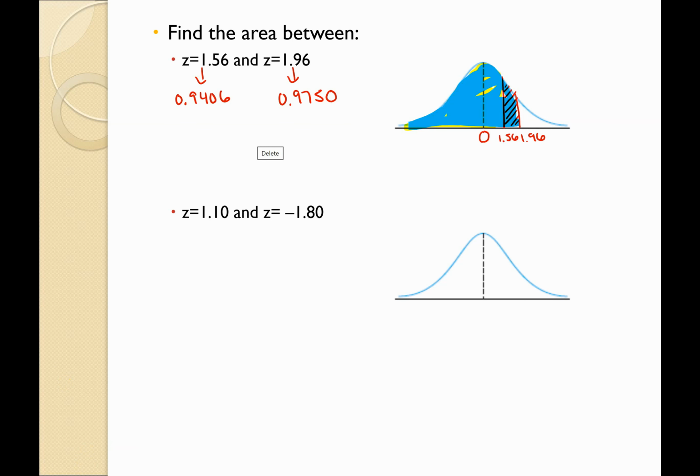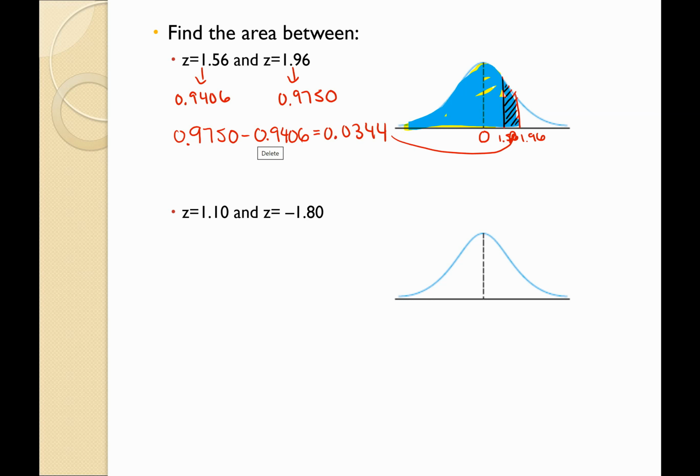So in order to get that piece between them, I have to take their two areas and I have to subtract them. So I know the piece that's in all blue, I want to subtract out that yellow piece that I highlighted. So the area in between is going to be, let's see what we got there, 0.9750 minus 0.9406, 0.0344 is going to be this area in between them.